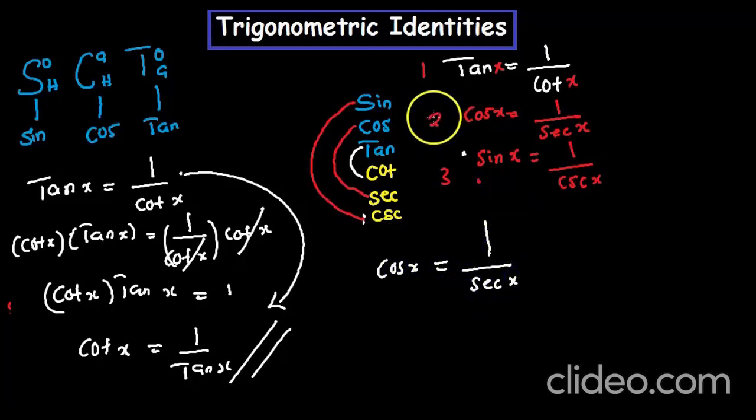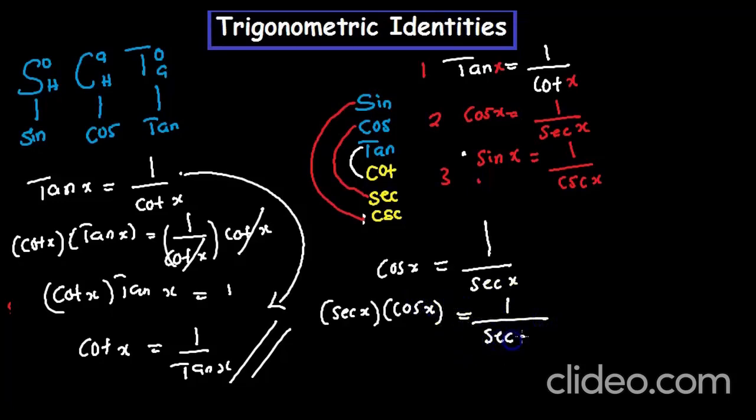I'm focusing on the second one now. So multiply both sides by sec x. This is going to be sec x multiplied by cos x equals 1 divided by sec x. Since we have put sec x here, we are going to multiply the other side, that is the right hand side, by sec x.